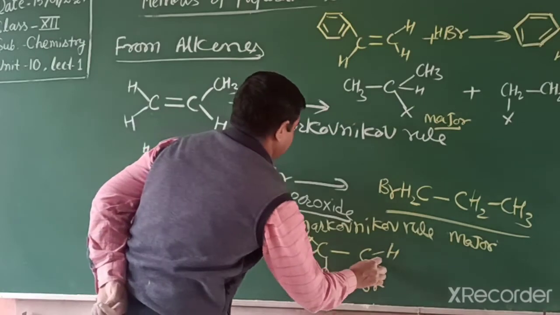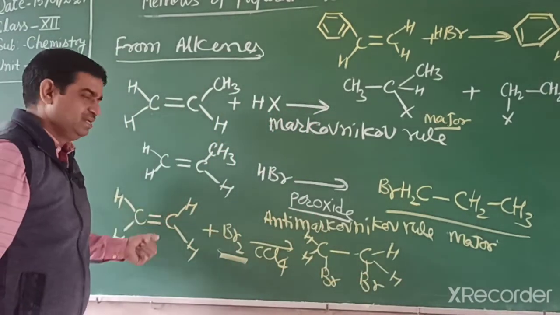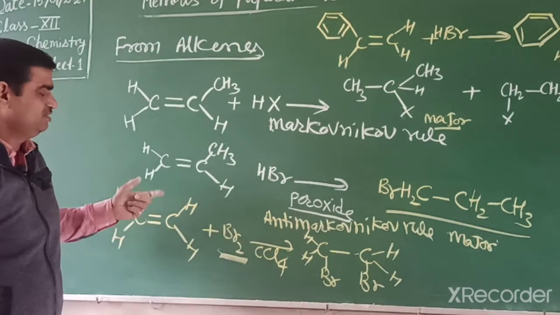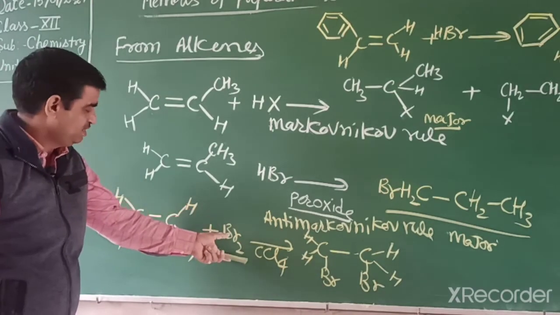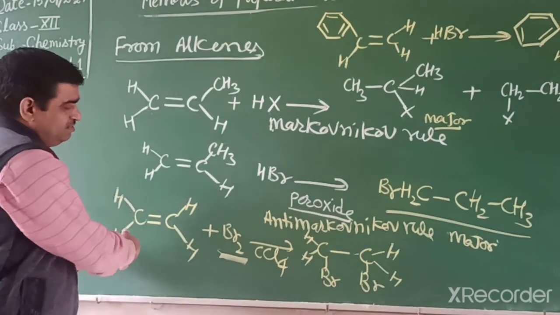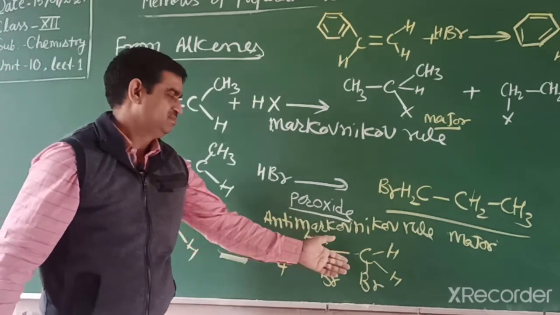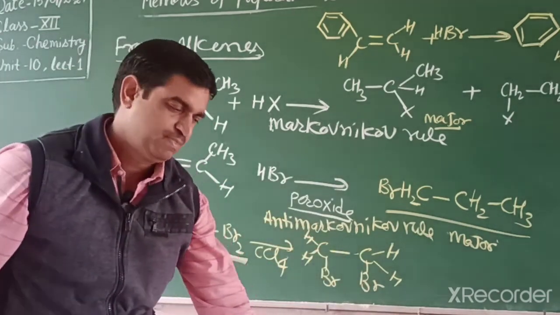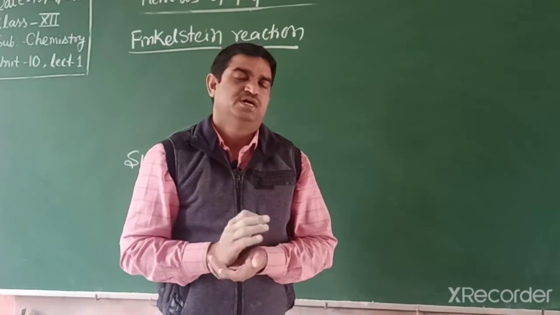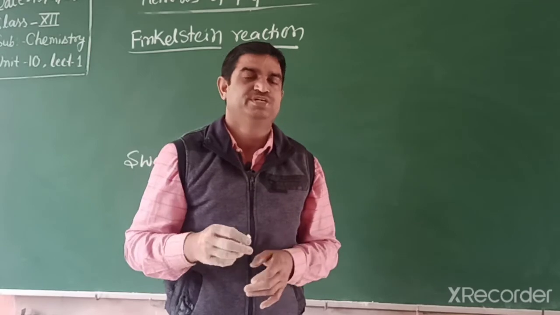So this reaction is used to confirm an alkene or alkyne, the unsaturation test using bromine, and we get a dihalo product with two halogen atoms attached nearby. Now students, we will discuss two more reactions.